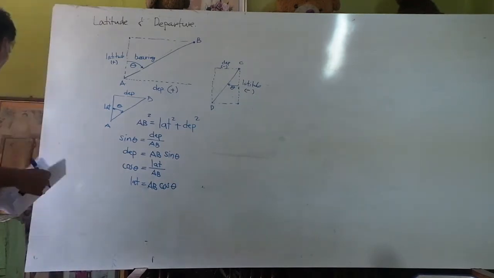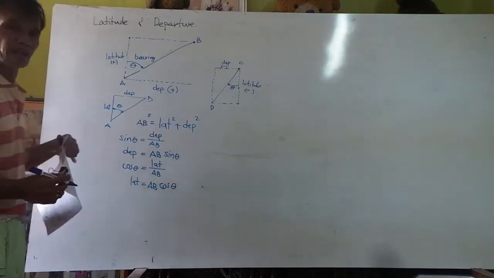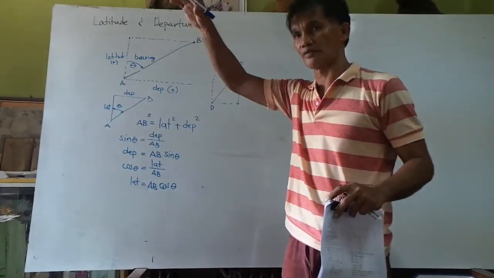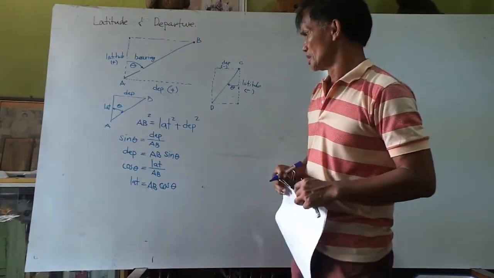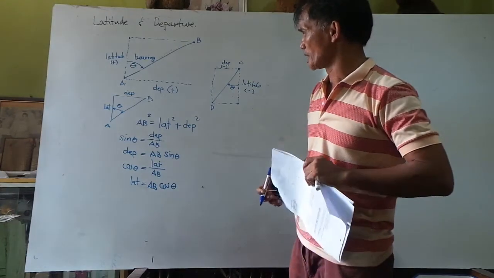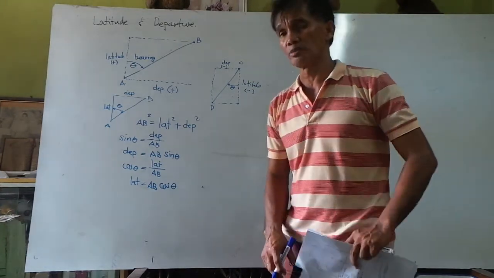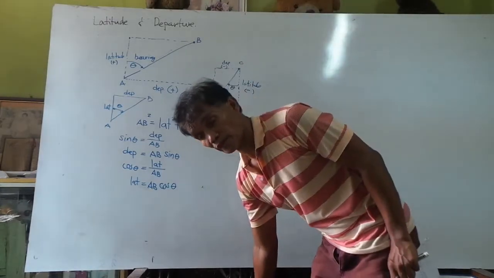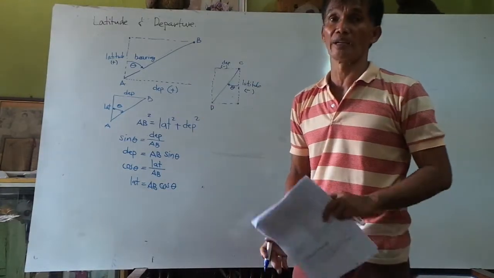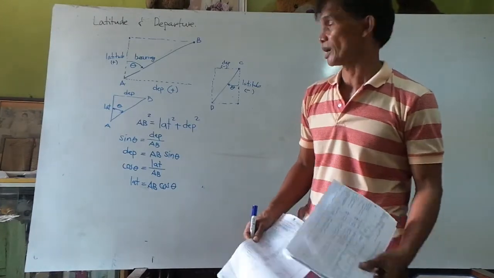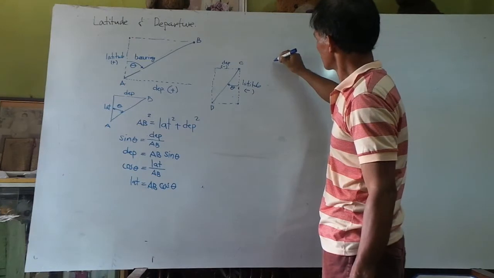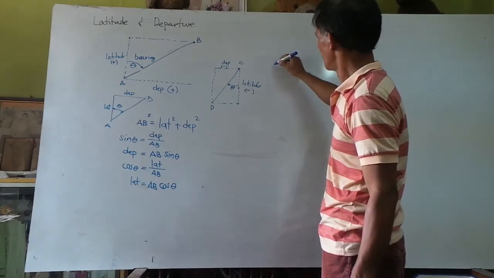Now, in a certain closed traverse, if the traverse is closed, the summation of latitude and departure must always be zero. If it is not zero, then there is what we call an error of closure.